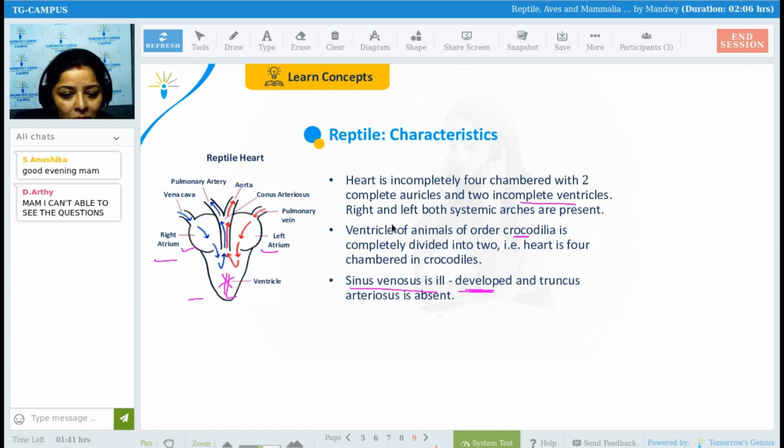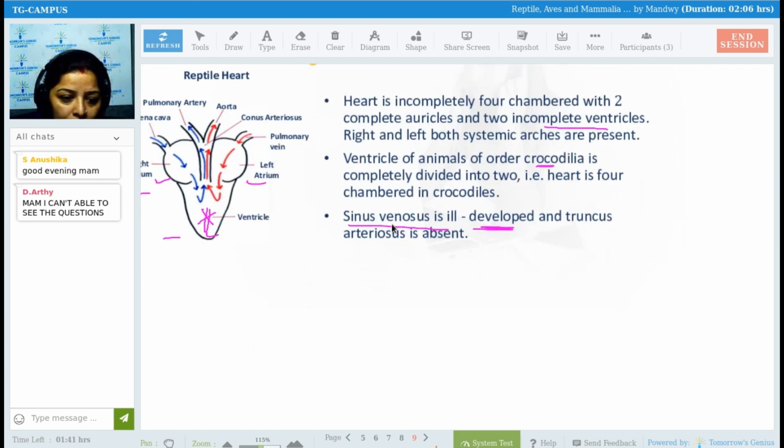I think they are thin-walled and located before the atrium, above the atrium, ma'am. Yes. Okay, let me show you the image.